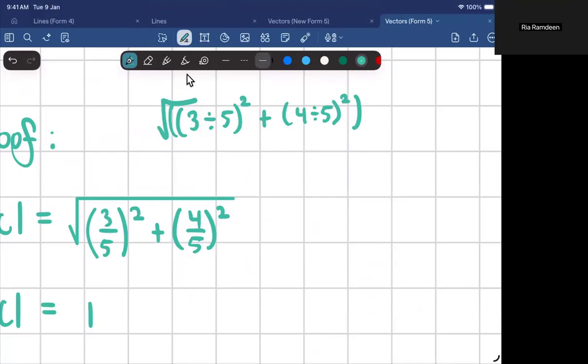Oh, and I got 1.5. I don't know why. Alright. I didn't put it squared. Okay, well, make sure you get the correct answer.